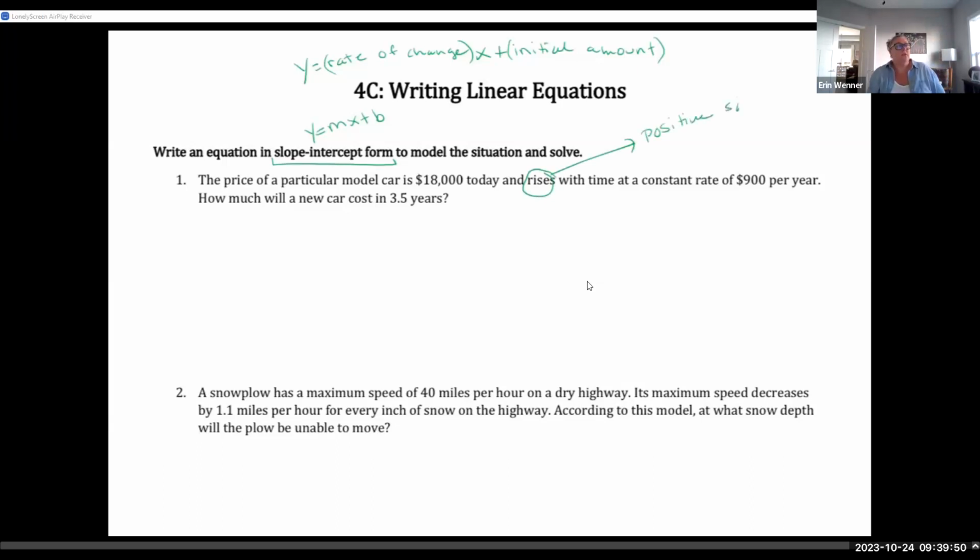If it said that it decreased by a constant rate of $900 per year, that would be a negative value because it's going down, so that would give us a negative slope. So again, the first part is we want to model this. You want to define your variables. So I'm going to say C is my cost and T is my time in years.